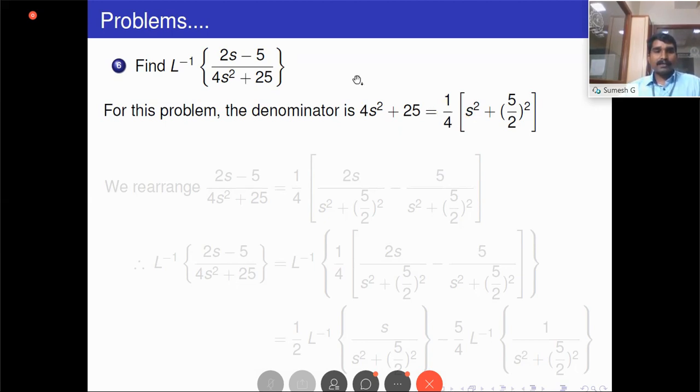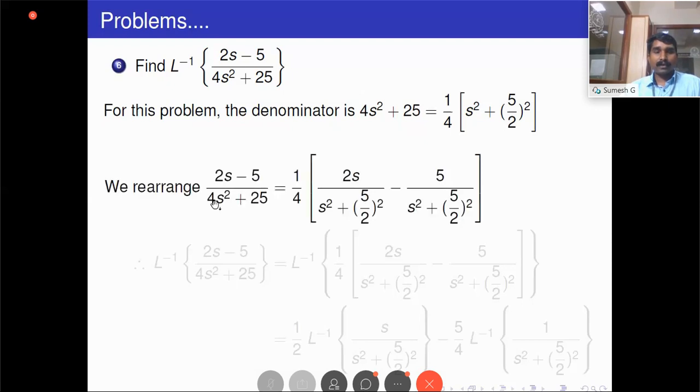So we rearrange (2s - 5)/(4s² + 25) as 1/4, which is correct because this expression is in the denominator, into 2s/(s² + (5/2)²) minus 5 into 1/(s² + (5/2)²).